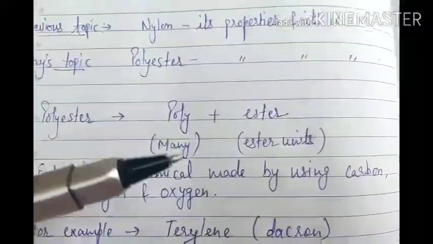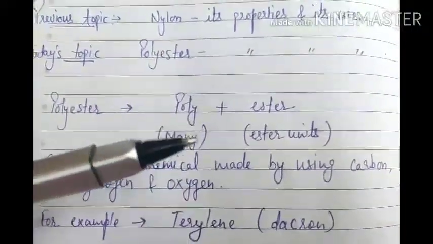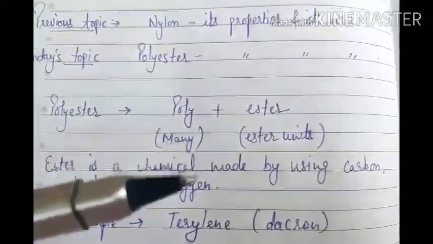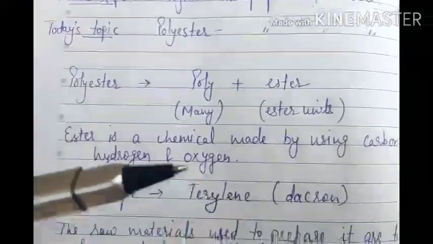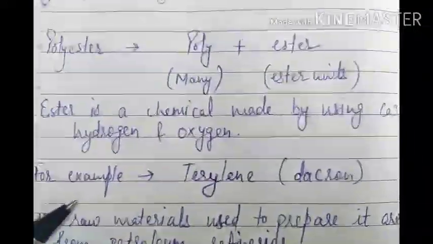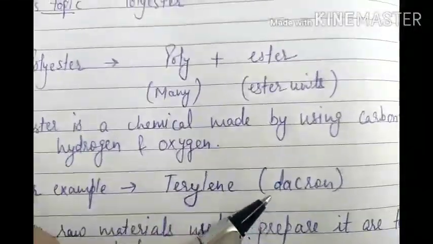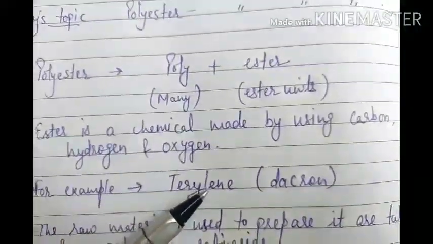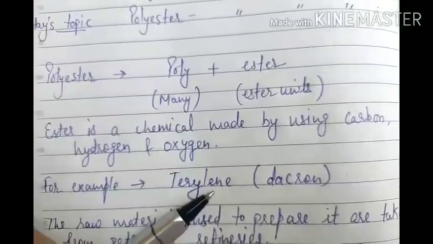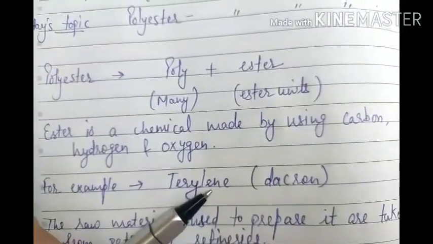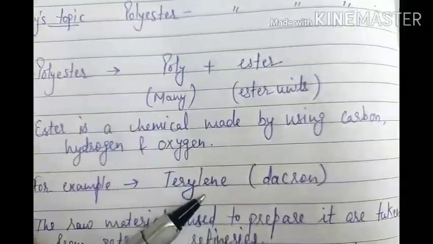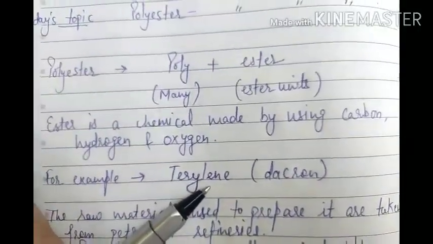Polyester is not the name of any one fiber. Polyester has different examples, such as terylene, which is also known as Dacron. It is a kind of polyester. Polyester is a fiber, but it has various types, and terylene is one of them.